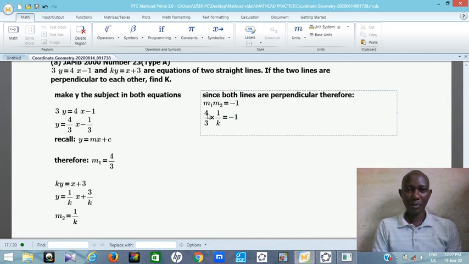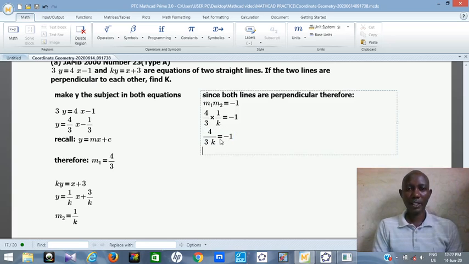And to solve this, you multiply the numerators. 4 times 1 is 4. 4 divided by 3 times k, 3k, is equal to minus 1. Then in the next stage, you cross multiply.